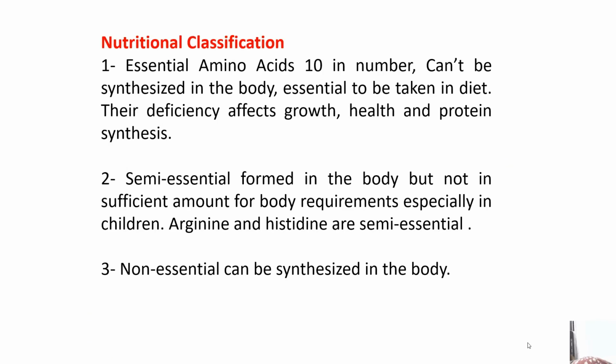Now, as you know, if we do the classification based on nutritional requirements, we can divide it into essential amino acids, semi-essential, and non-essential. Essential amino acids can't be synthesized in the body.